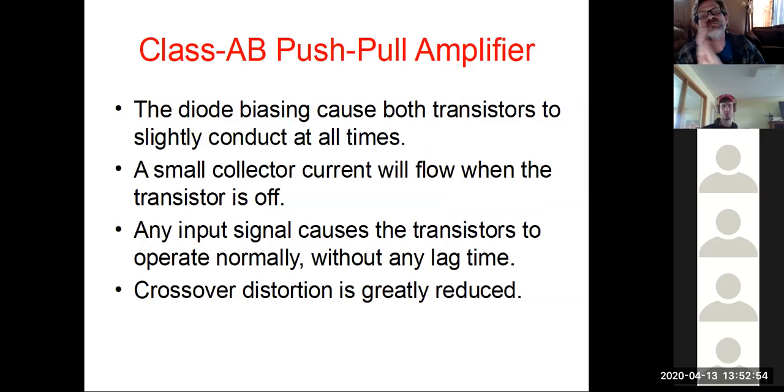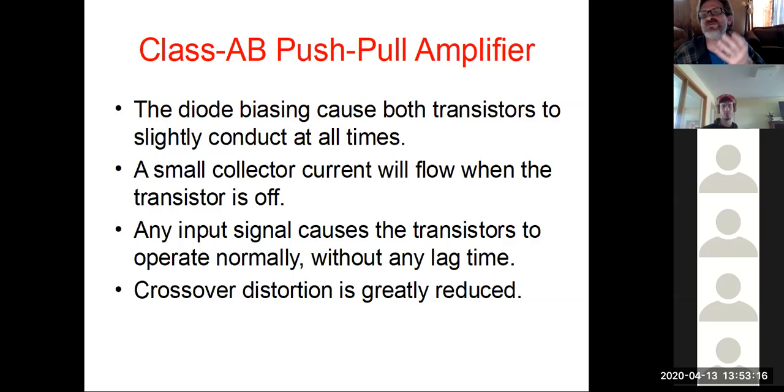We're going to be using diodes with this. And just remember with the diodes, we do have our reverse and forward bias, two states of a diode. So with the diode biasing, what'll happen is you never will fully allow a transistor to go completely off like with the classic push-pull.